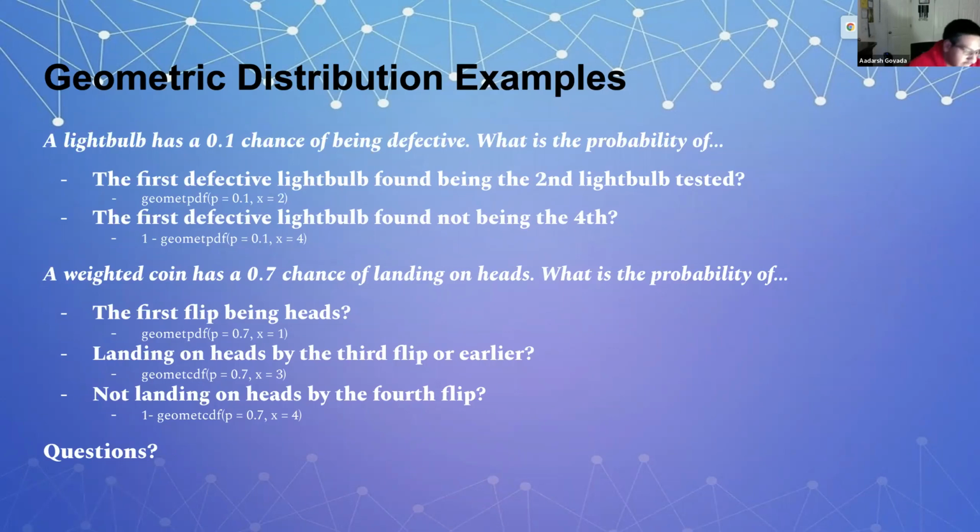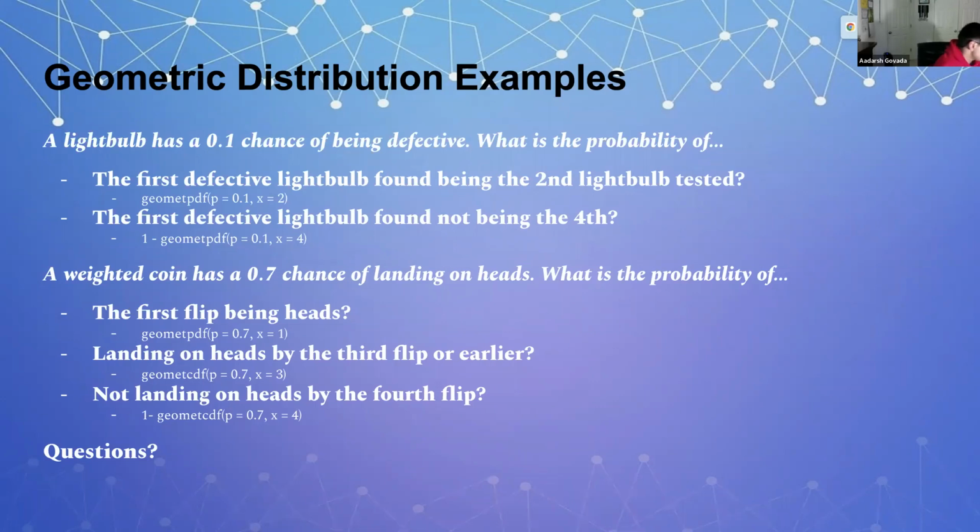Geometcdf. Oh, sorry, this is CDF too. If we were doing a PDF, we would do it just like I did. PDF is probability distribution function and CDF is cumulative distribution function.